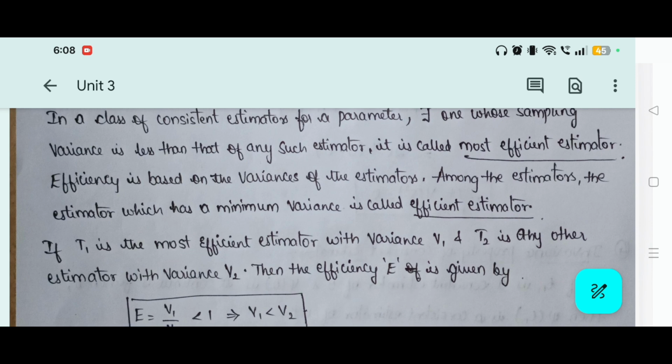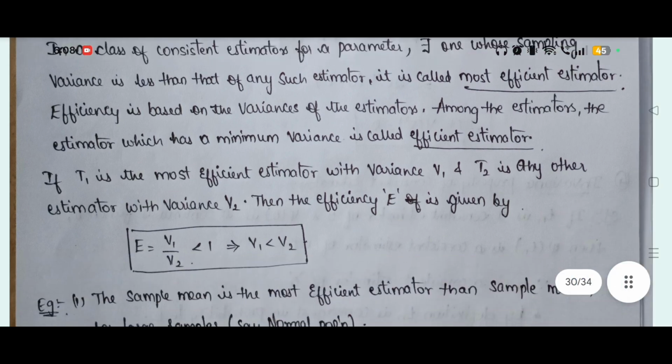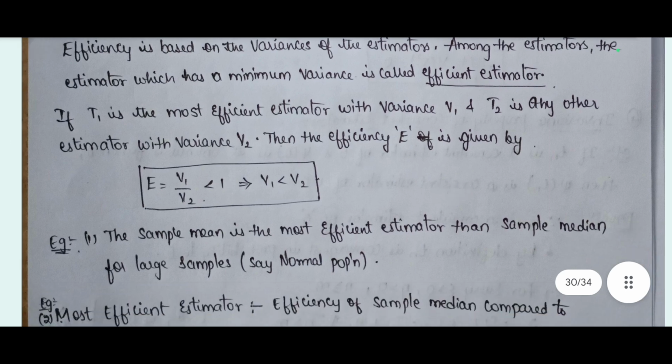If T1 is the most efficient estimator with the variance V1 and T2 is any other estimator with the variance V2, then the efficiency E is given by E equals V1 divided by V2.